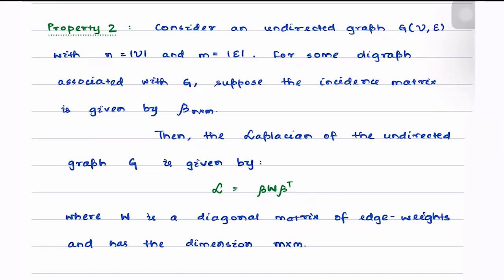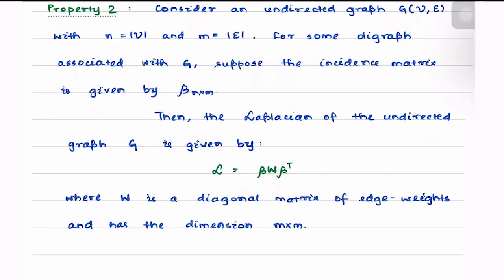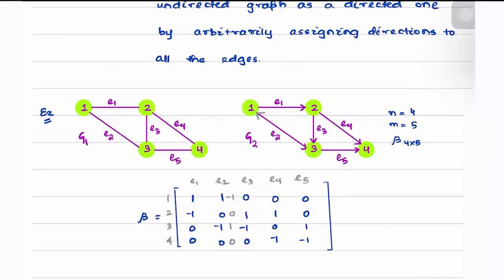What does this imply? This implies that it doesn't matter which version of the directed graph we constructed using G. For every incidence matrix that we can associate with G, this expression holds. We can always construct the Laplacian of the original undirected graph. Let us look at it with an example. We can consider the same example that we saw here.